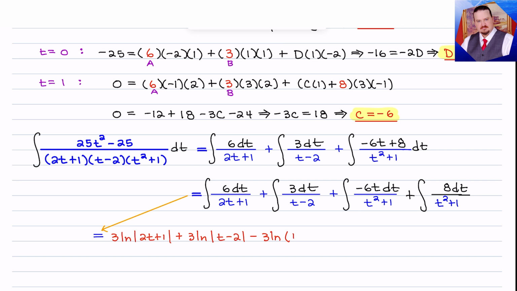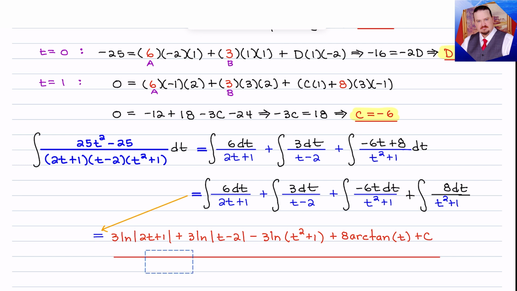Now we have the absolute value, but they'll be removed, and you can watch that video to see why we're able to remove the absolute values there. And finally, the one that's a little different, the arctan. Some of you may write tan with the superscript negative 1, writing it as tan inverse that way, and that's fine. And this is the answer to our partial fraction decomposition.